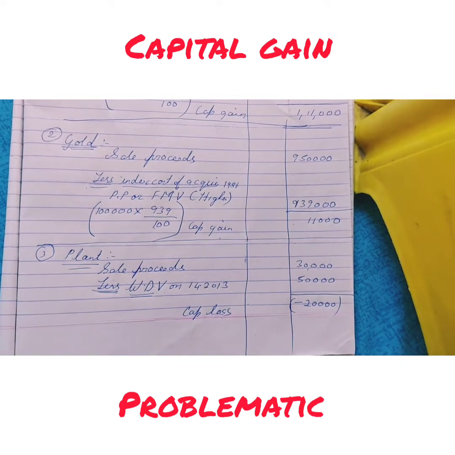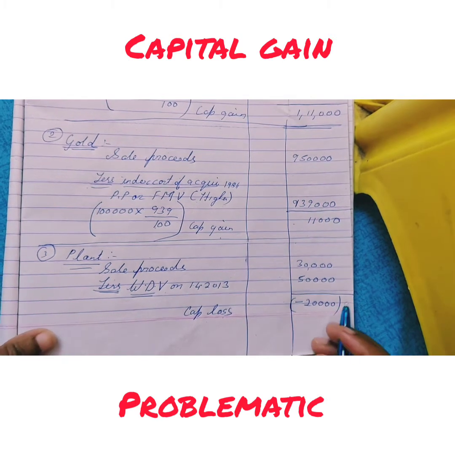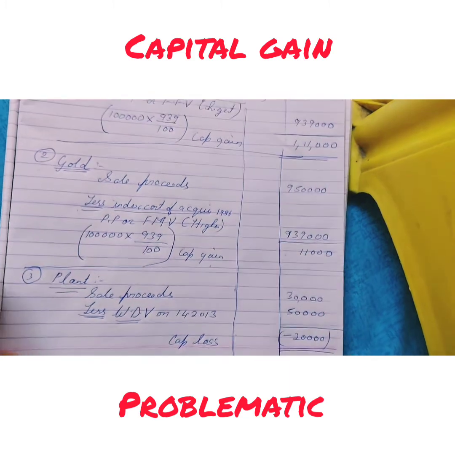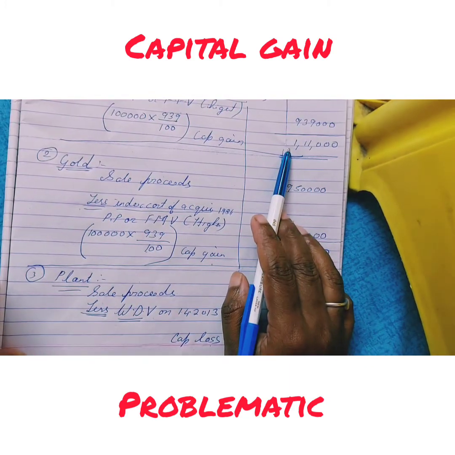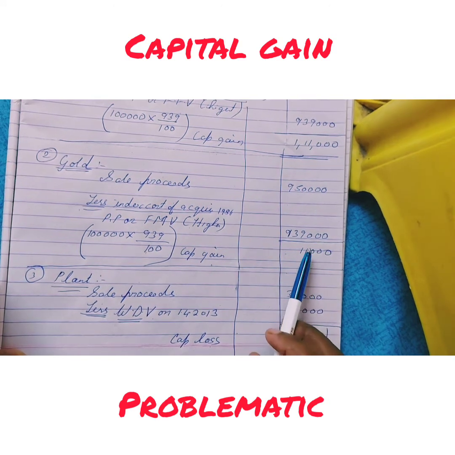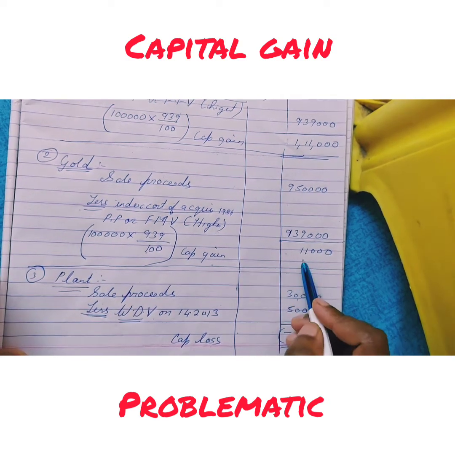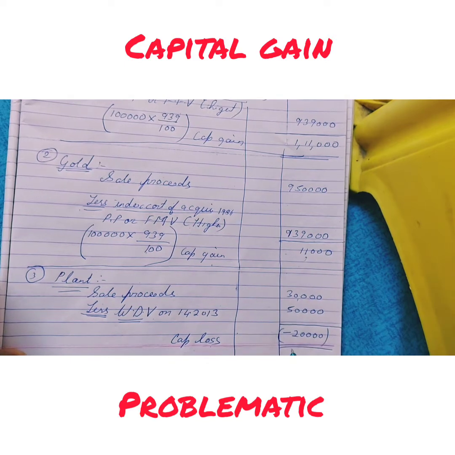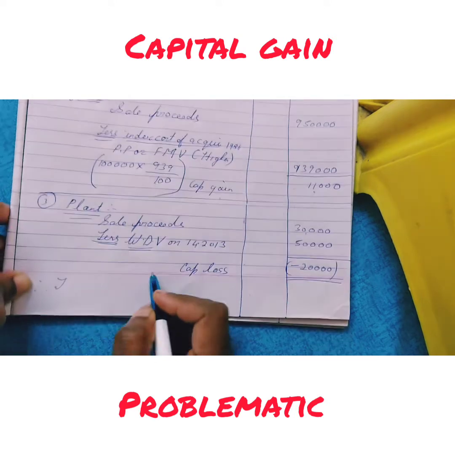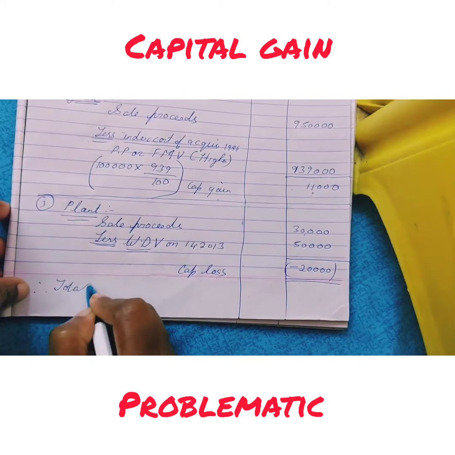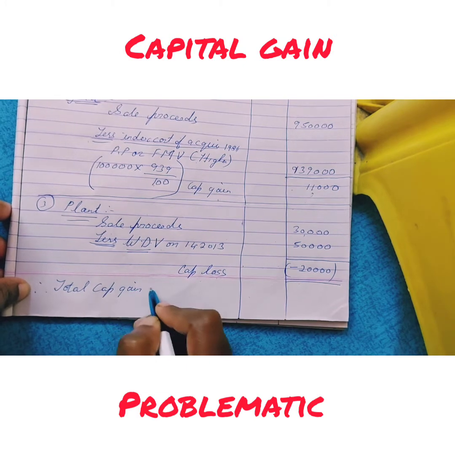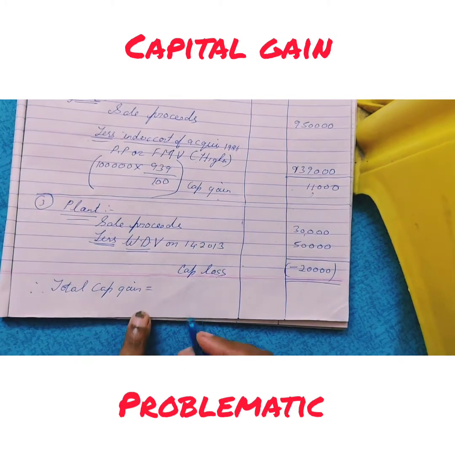Okay. So in this way I got the answer for all three. First one, land capital gain was 1,11,000. Then comes 11,000 of gold and then minus 20,000 of plant. Therefore, total capital gain is equal to, you have to add all three.